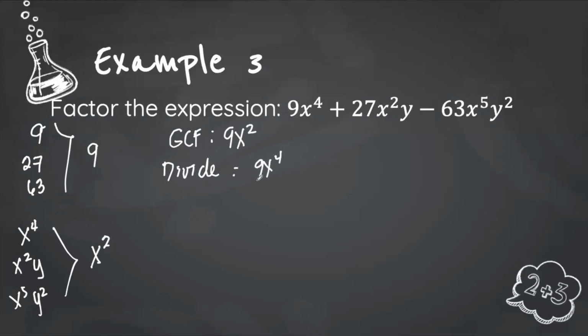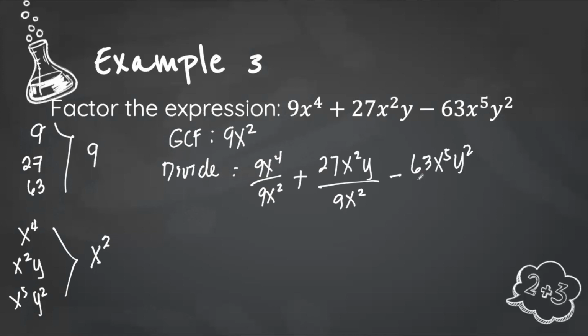9x to the fourth divided by 9x squared plus 27x to the second y divided by 9x squared minus 63x to the fifth y squared divided by 9x squared. The answer will be 9 divided by 9 is 1.